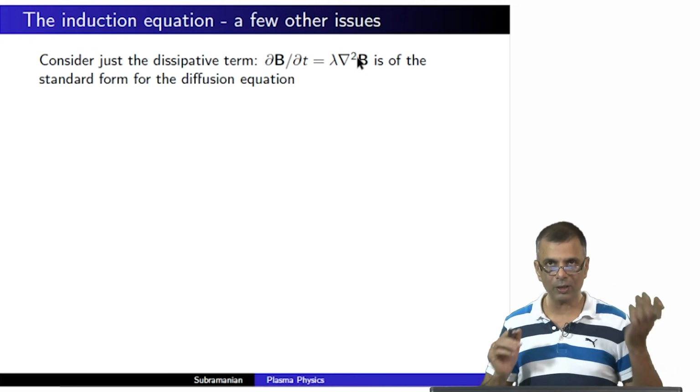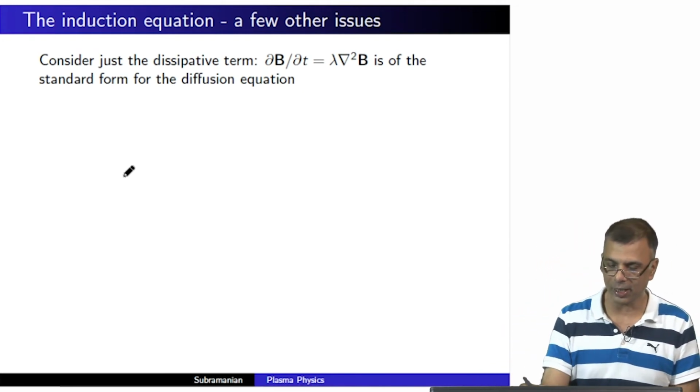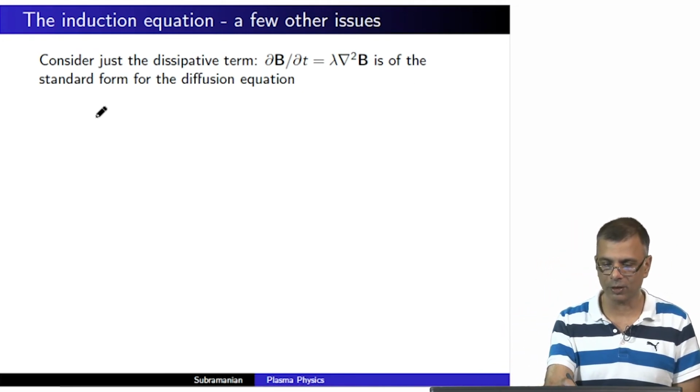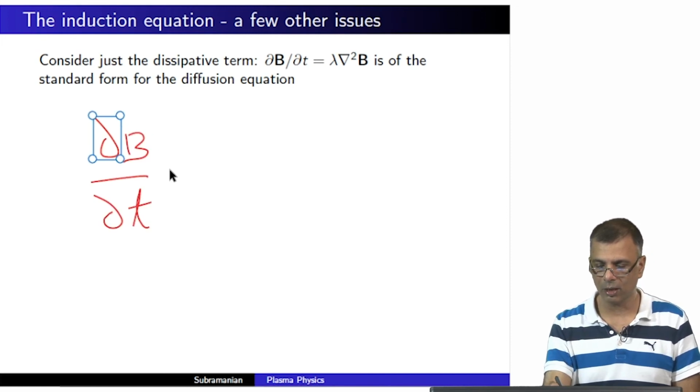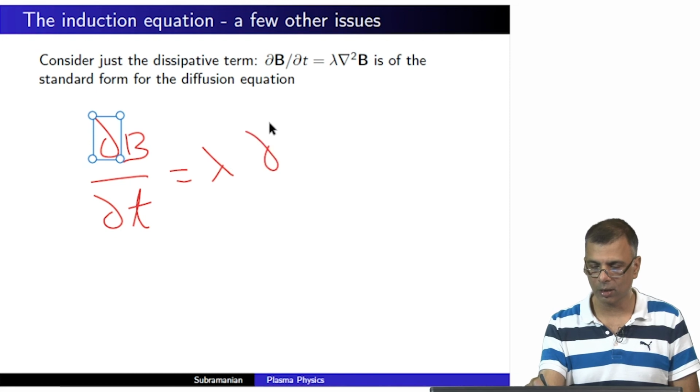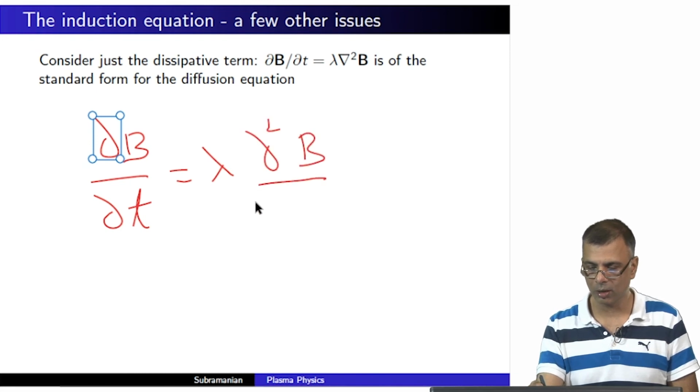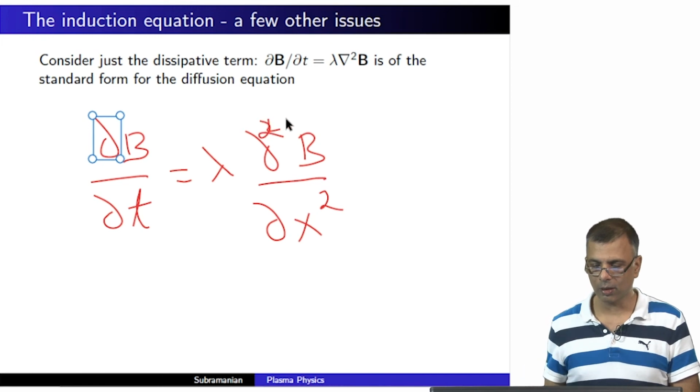In one dimension, for instance, this would be dB dt equals lambda d square B dx square. This is a diffusion equation, isn't it?